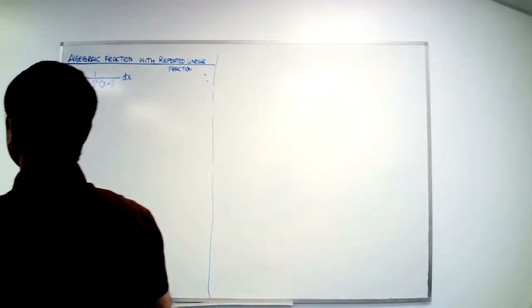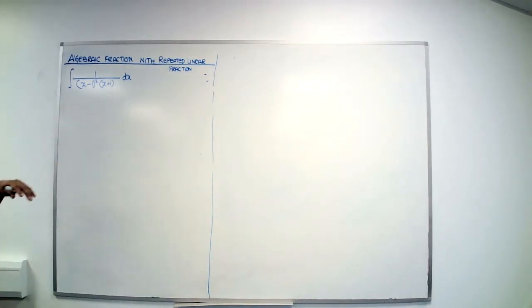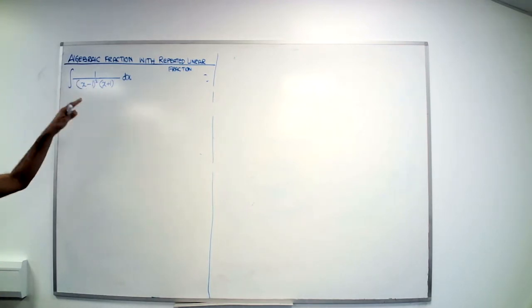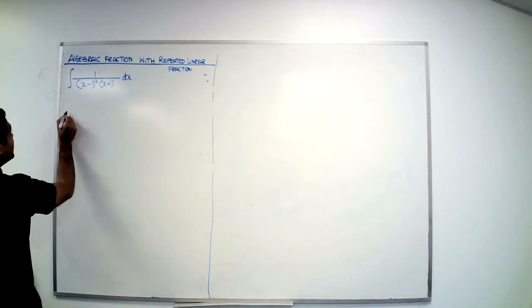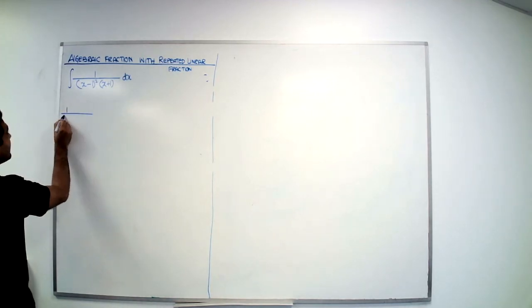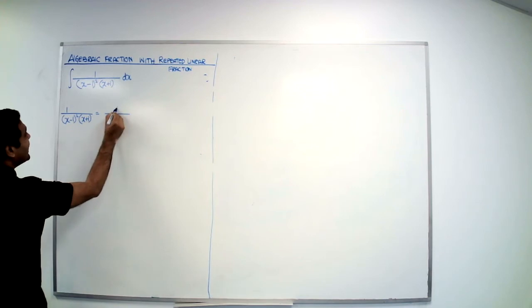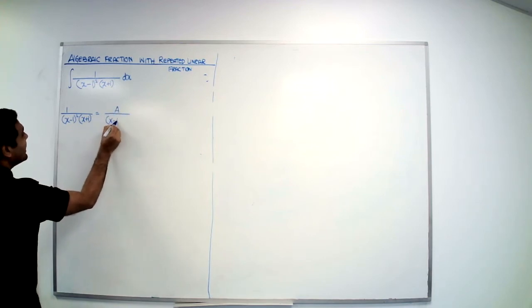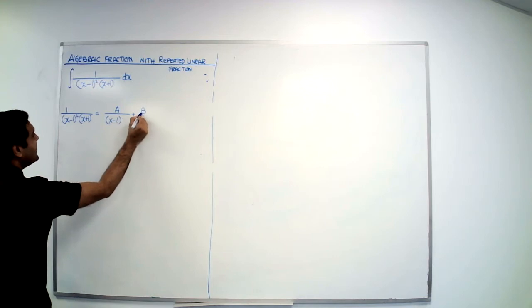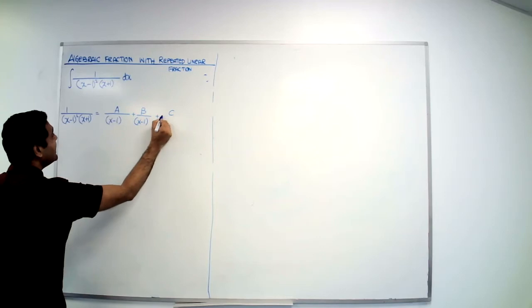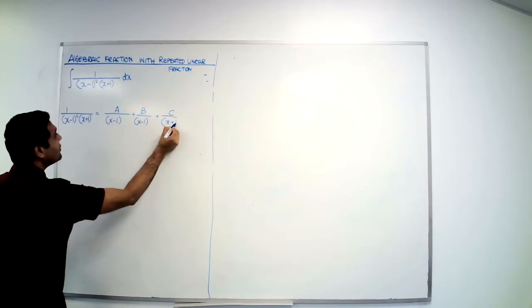Okay, now we have an algebraic fraction with repeated linear factors. So that's x minus 1, then x minus 1, then x plus 1. When we convert that into partial fractions, it's A over x minus 1 plus B over x minus 1 plus C over x plus 1.